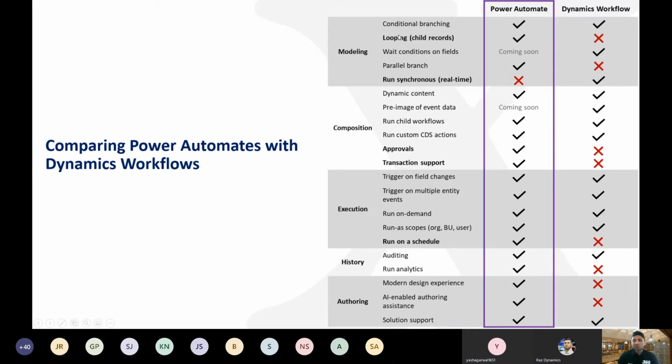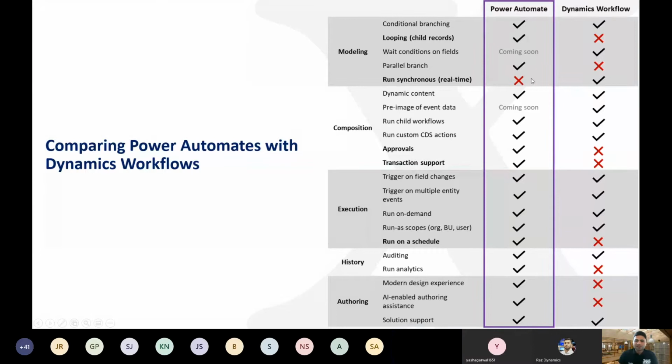And this one is important for me: in Power Automate, you can loop over records, where you cannot do that in the classic workflows. Then, wait conditions on fields are still not possible in Power Automate, but I will say it's coming soon. But this is possible in the classic workflows. And then we have a branch in Power Automate, which you don't have in the classic workflows.